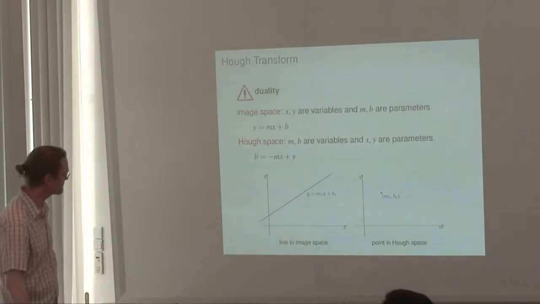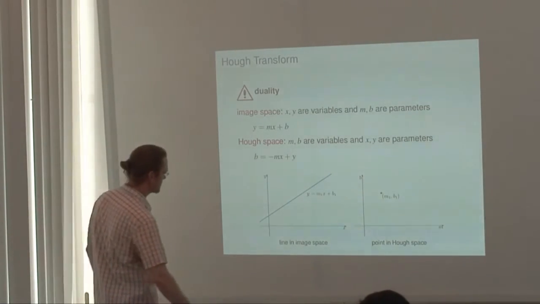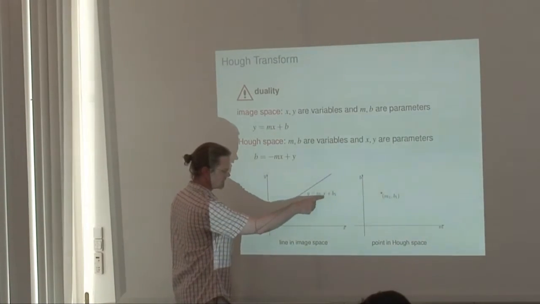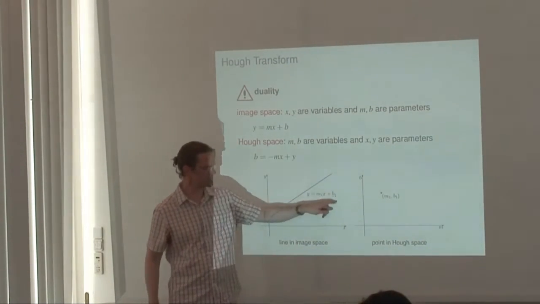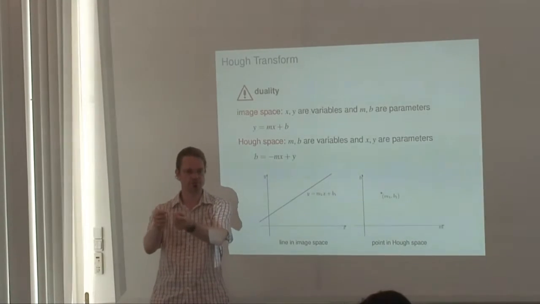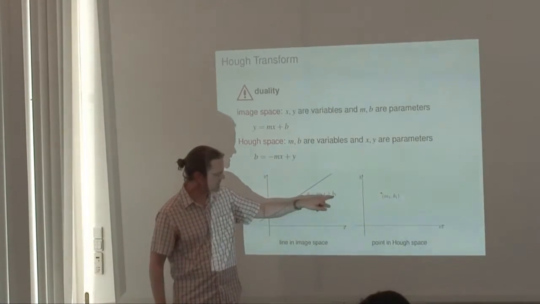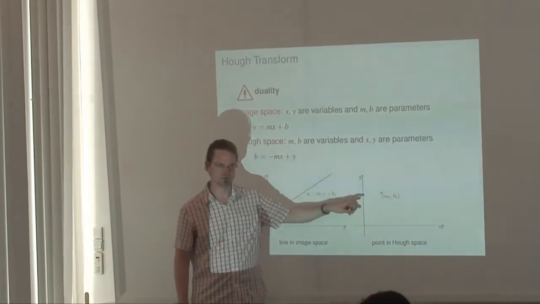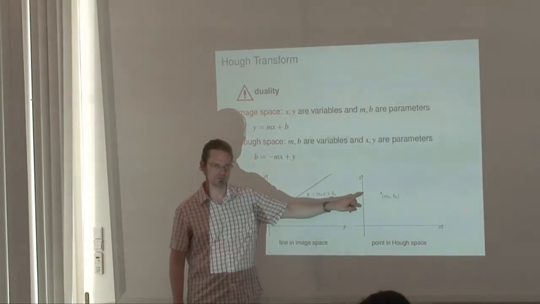Now, in the image space, we have this line, y equals m1 x plus b1. I'm using subscripts here to indicate that these are fixed parameters. Now this m1 and b1 in a space bm is just a point. Okay?